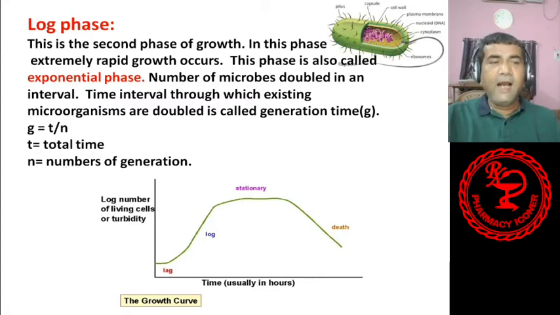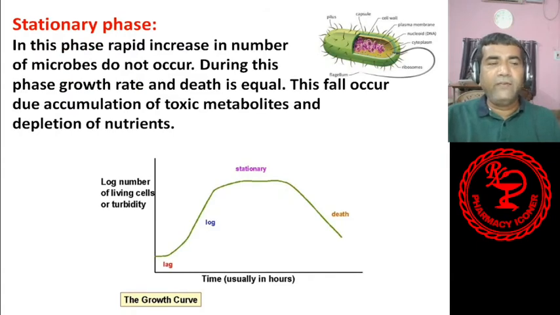Then the third phase is stationary phase. In this phase, no further increase of microorganisms occurs. What happens in this phase? Due to growth of the microorganism, all the nutrients are exhausted. All the nutrients are utilized. Moreover, microorganisms, due to their growth, produce numerous toxic metabolites.